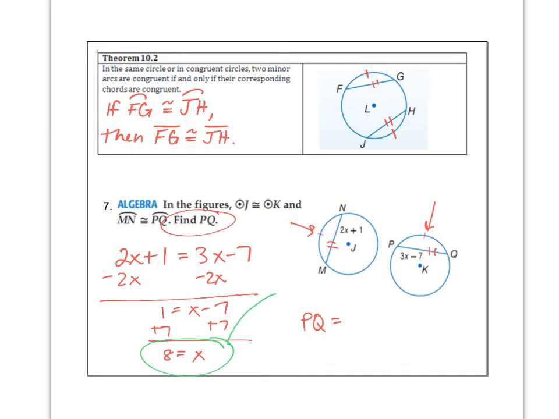So 3 times 8 minus 7, which is 24 minus 7, which is 17. So PQ, the distance from P to Q, is 17, and there is no label. We don't have to put the segment bar above this because we're talking about the distance from P to Q. And so distance doesn't have anything above it.